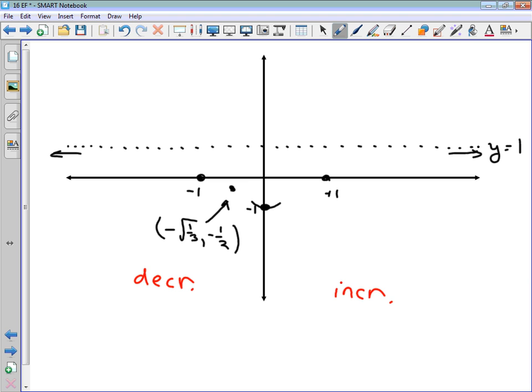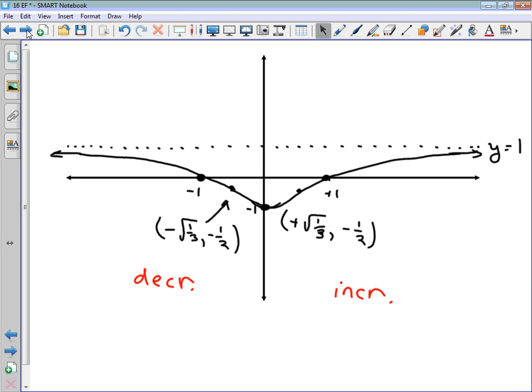Then we had another one over here at positive root 1/3, still at negative 1/2. Okay, that makes complete sense. So let's just connect the dots. And there's our graph.